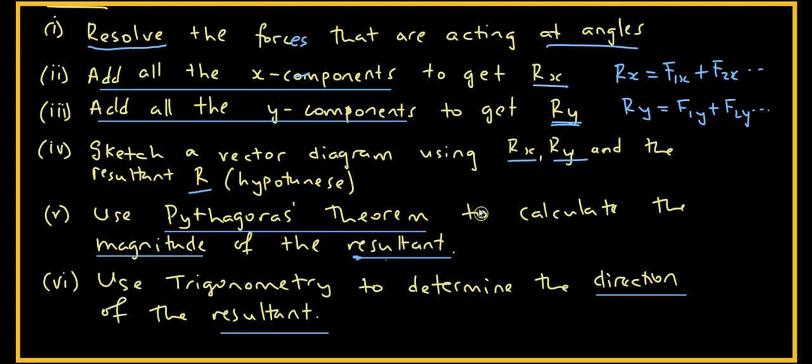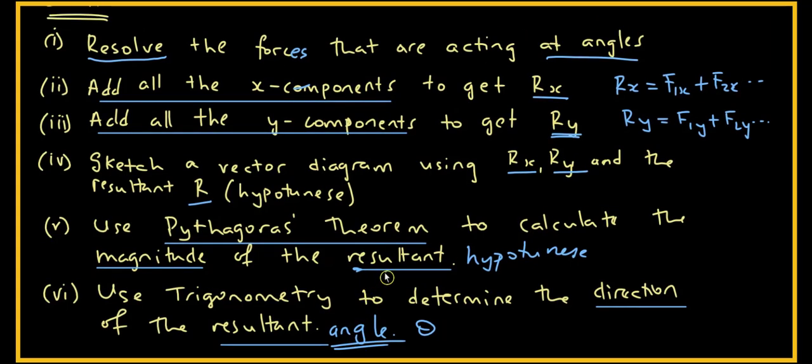And then use Pythagoras theorem to calculate the magnitude of the resultant, which is your hypotenuse. And then use your simple trig ratios to find the direction of that particular resultant. So in other words, you're going to find the angle here. Okay, so the angle would be your direction.